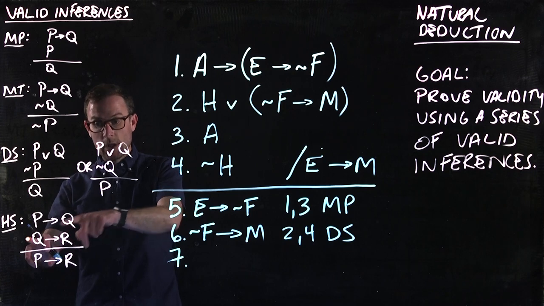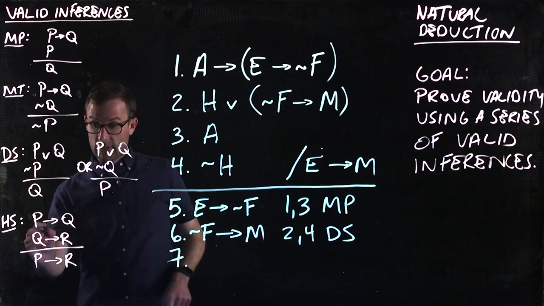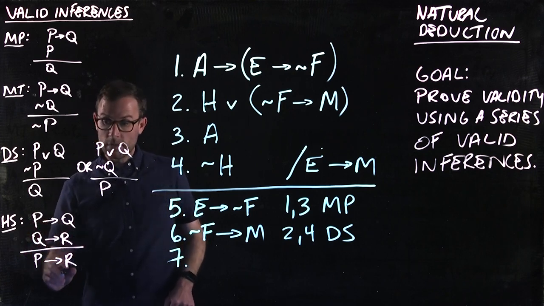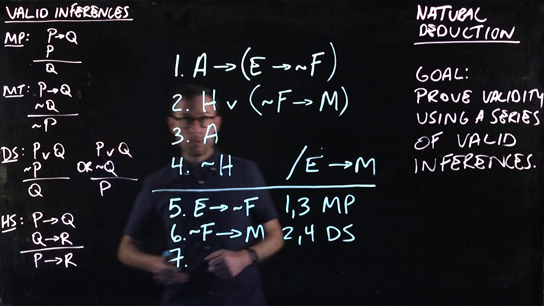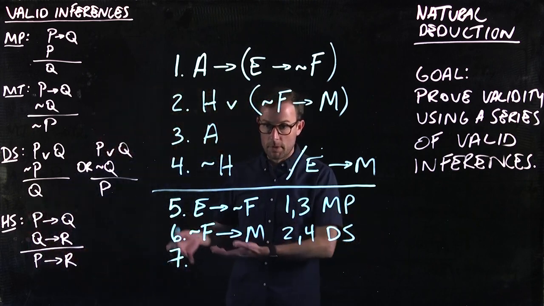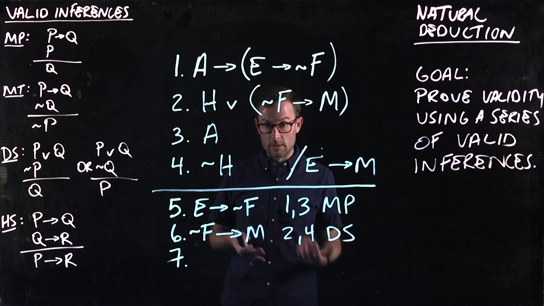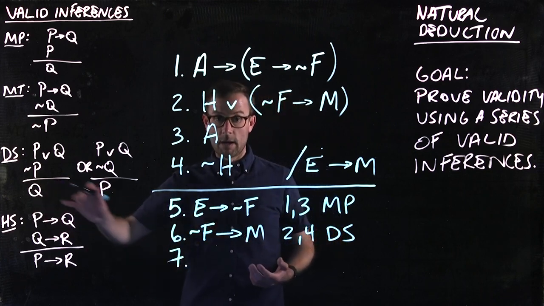Okay, so not F here is the linking letter variable. We get it through the transitive principle. We all remember that: if A then B, if B then C, then if A then C. That's all that's going on in the hypothetical syllogism.